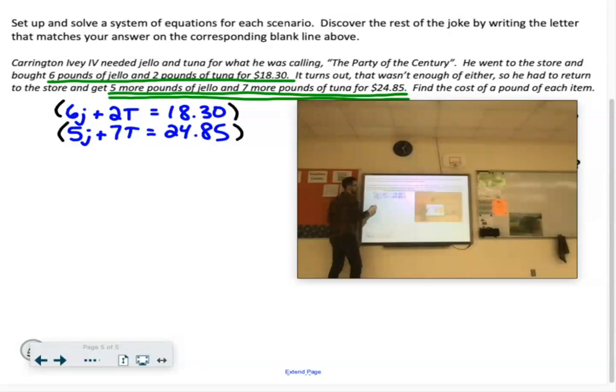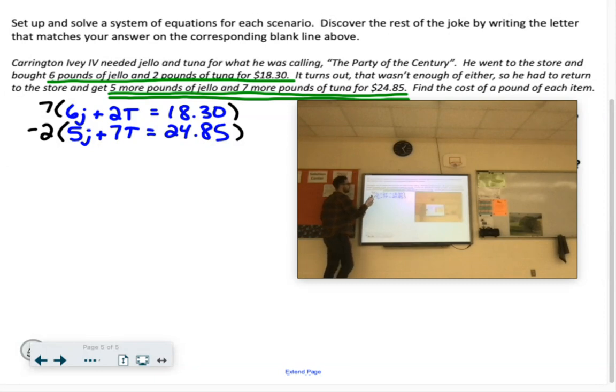2 and 7 both go into 14, so we would multiply the top by 7, the bottom by 2. With elimination, I find it easier if you have one positive and one negative, so we can fix that right now and multiply by -2, and then that'll come out to -14T.